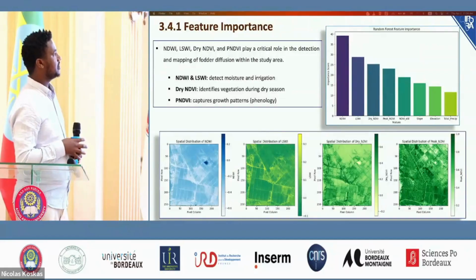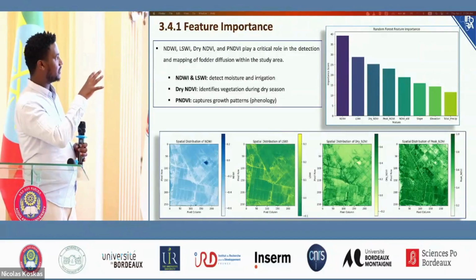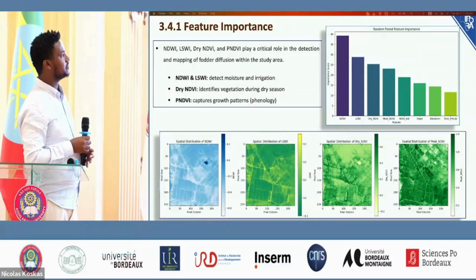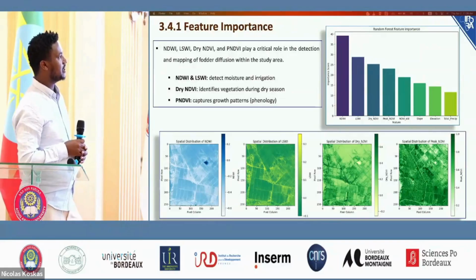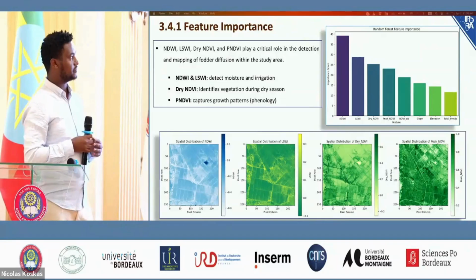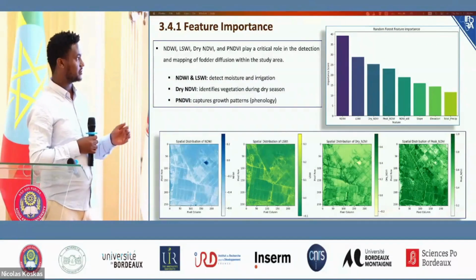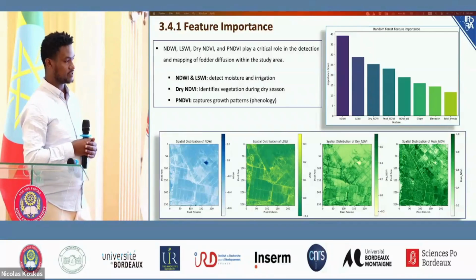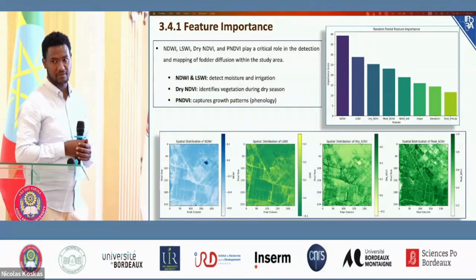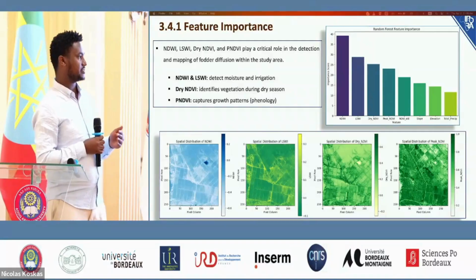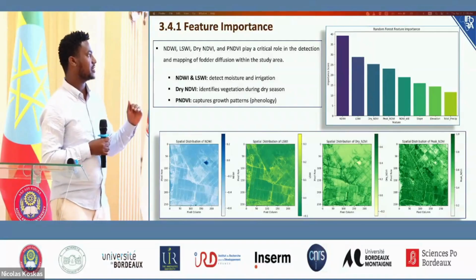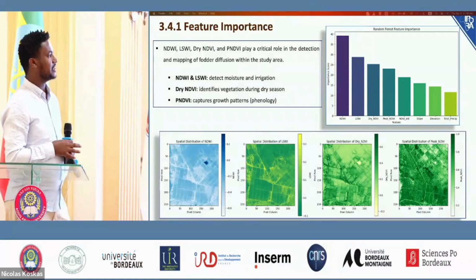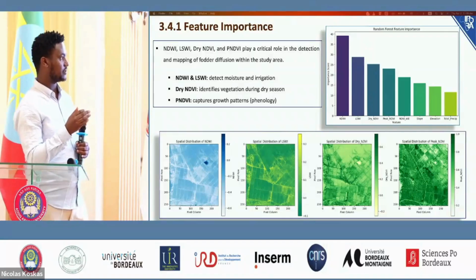These are the different indices which are used in producing the fodder map from satellite imagery. We do feature importance analysis based on a random forest algorithm. Based on this, the normalized difference water index, land surface water index, and dry season normalized difference vegetation index play a crucial role in identifying fodder from other non-fodder cereal crops.